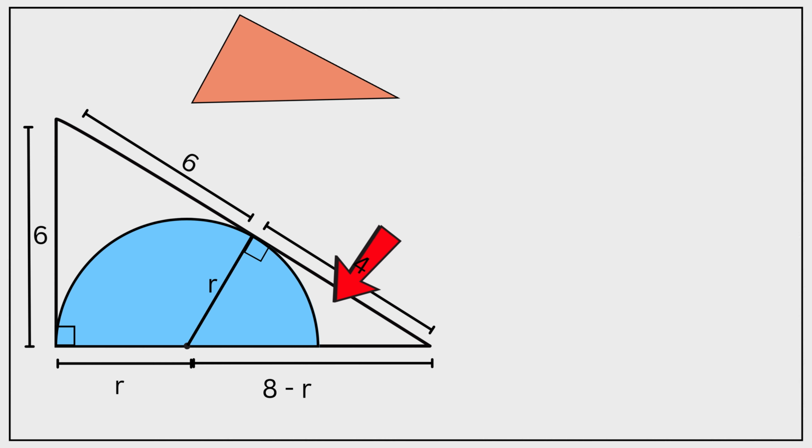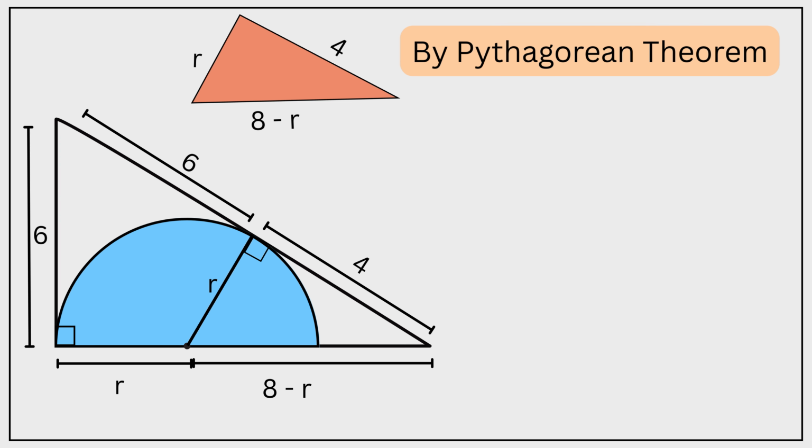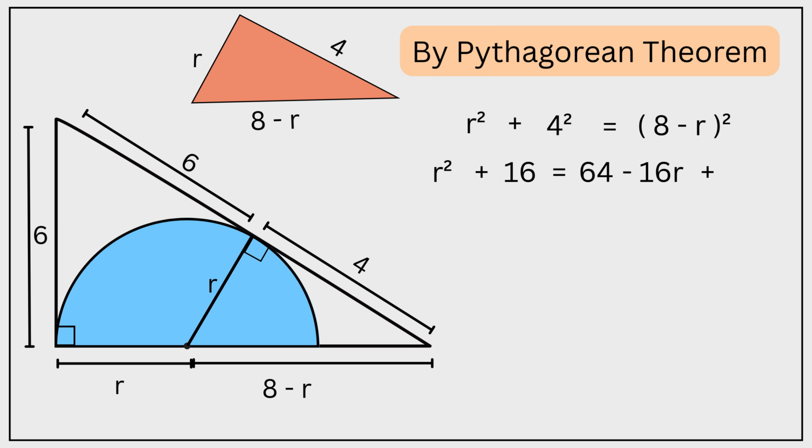Let's now focus on this smaller right triangle formed between the center of the semicircle, the base, and the point of tangency. One leg is r units, the other leg is 4 units, and the hypotenuse is 8 minus r units. So again, applying the Pythagorean theorem, we have r squared plus 4 squared equals the quantity 8 minus r, squared. Simplifying this, we get r squared plus 16 equals 64 minus 16r plus r squared.